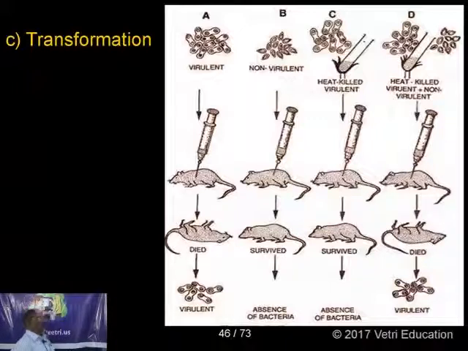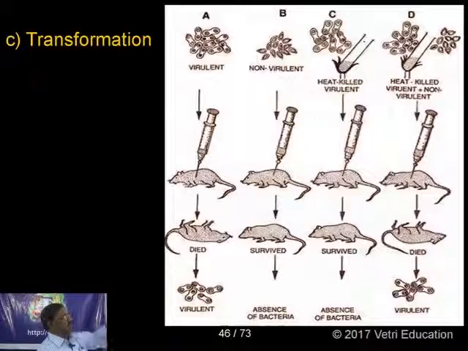In the second experiment, non-virulent bacteria injected into the mice survived, and there was an absence of bacteria. They never found any bacteria in the blood. And again, the heat killed virulent bacteria.